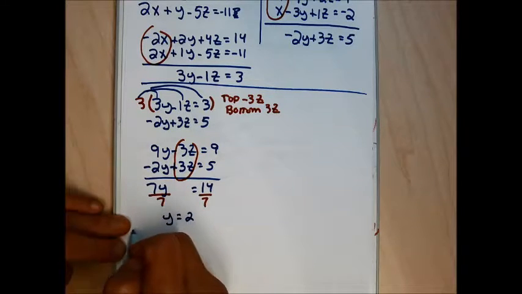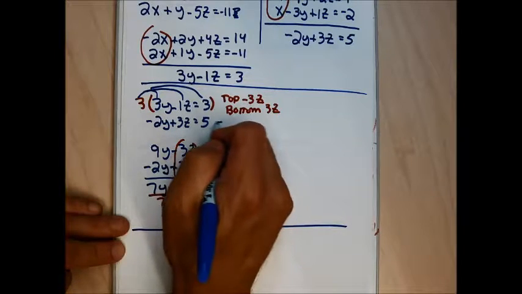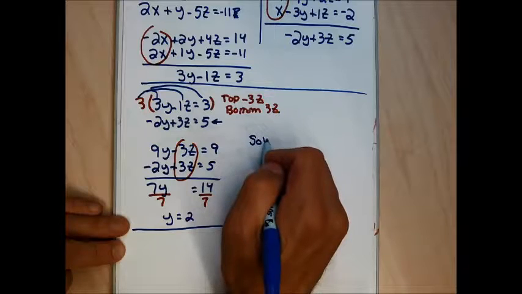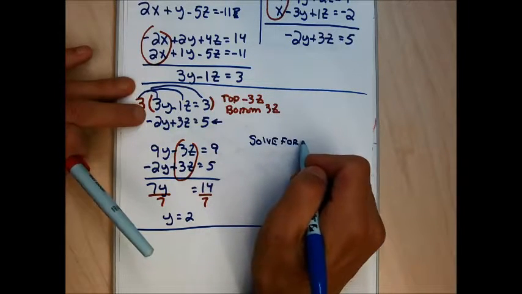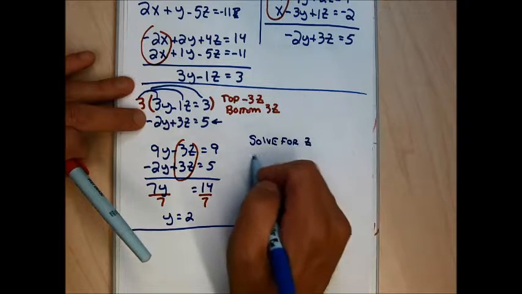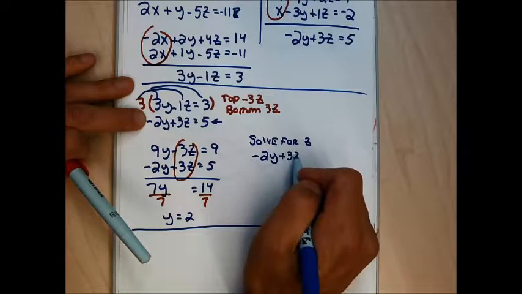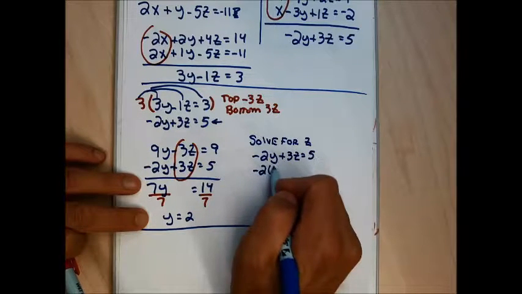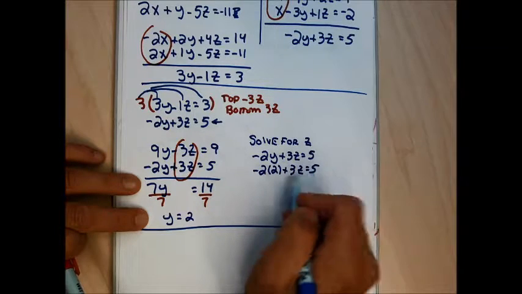On this step, I'm supposed to get answers for 2 of the 3 letters. Now I'm going to get the answer for z. I'm going to use that equation because it has a positive z. So as I go to solve for z in this step, I'm only looking at the pair of equations here. I'm going to take the equation minus 2y plus 3z equal to 5 and plug in 2 for y and get minus 2 times 2 plus 3z equals 5.